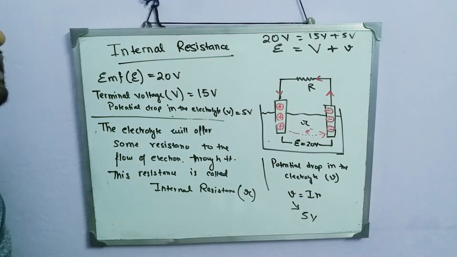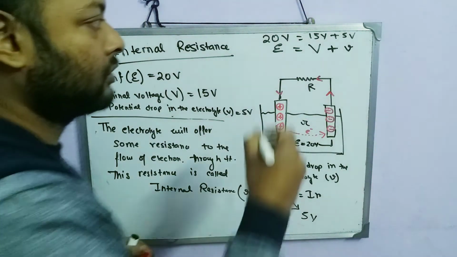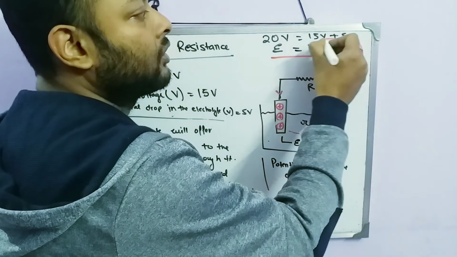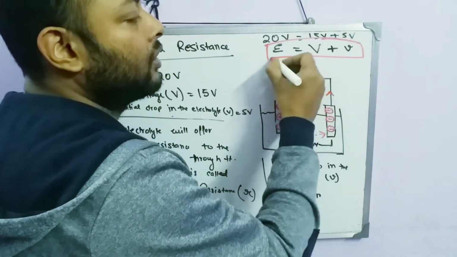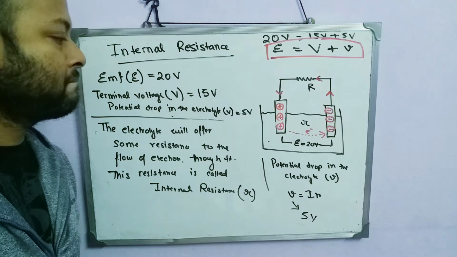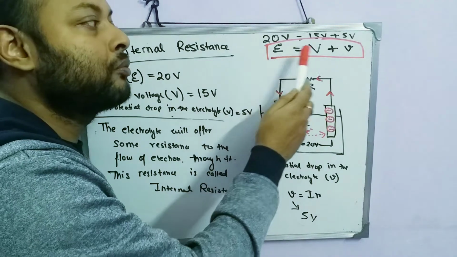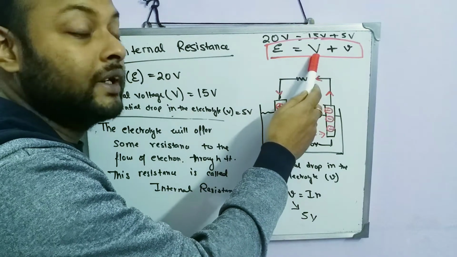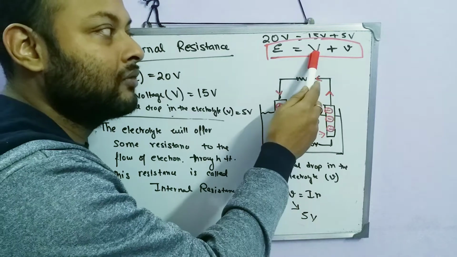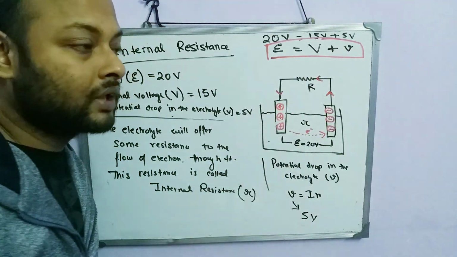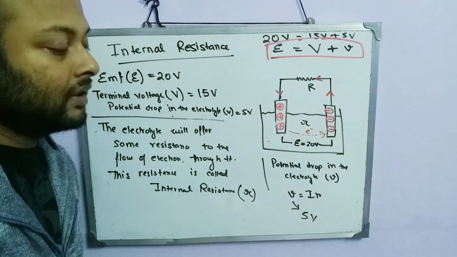So I can say EMF is equal to terminal voltage plus the potential drop inside the electrolyte.